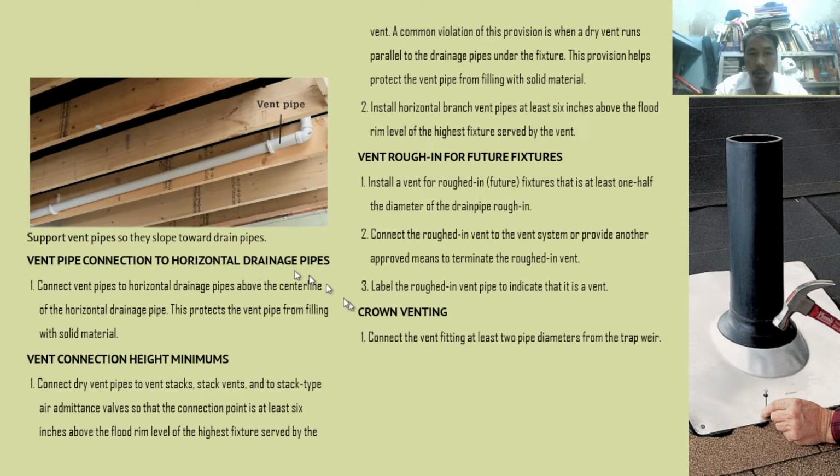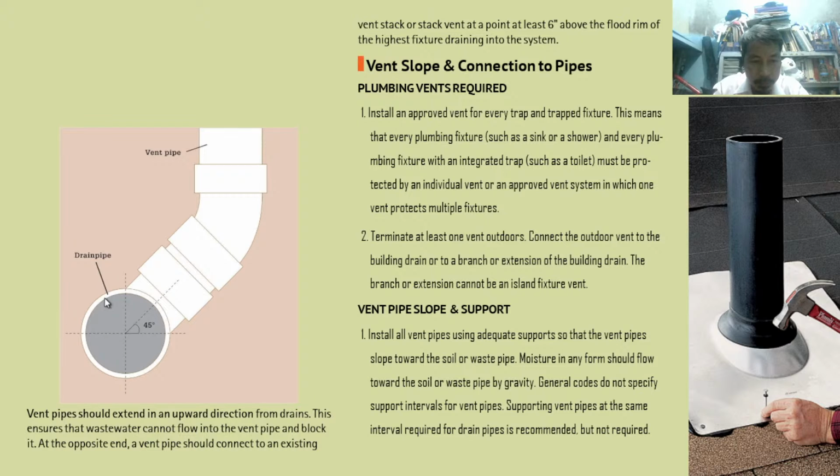Vent pipe connection to horizontal drainage pipe. Connect vent pipes to horizontal drainage pipes above the center line of horizontal drain pipes. Above the center line. This protects the vent pipe from filling with solid material. For example, here again, this is the center line.